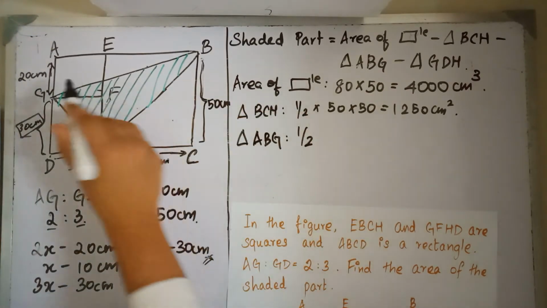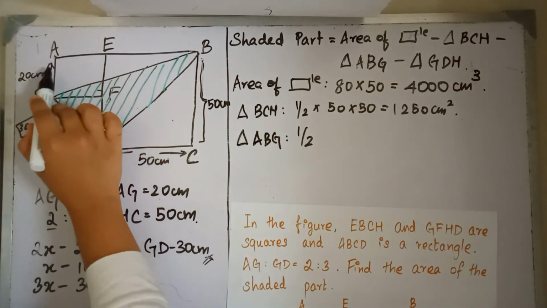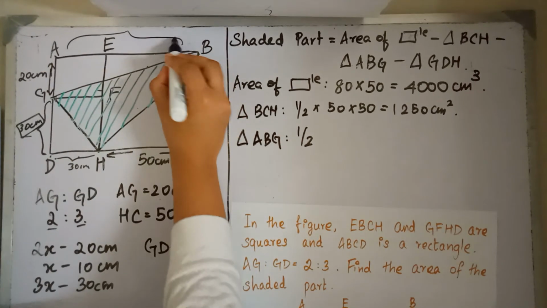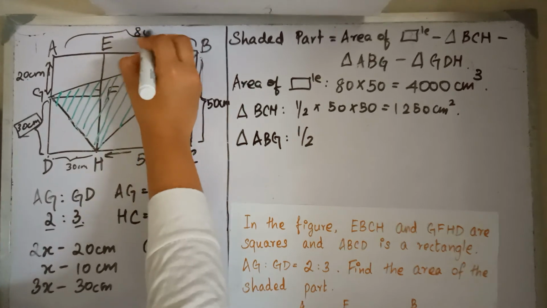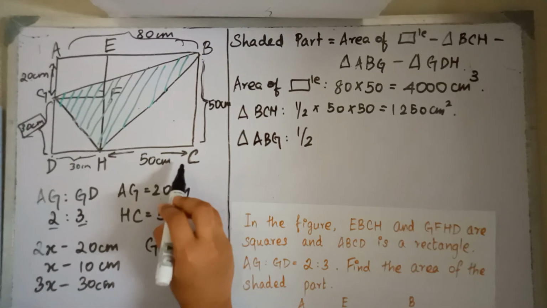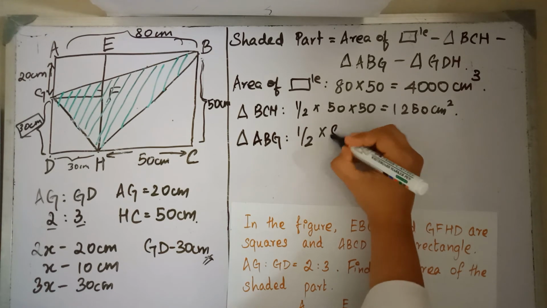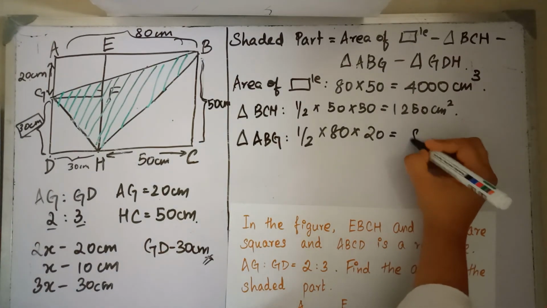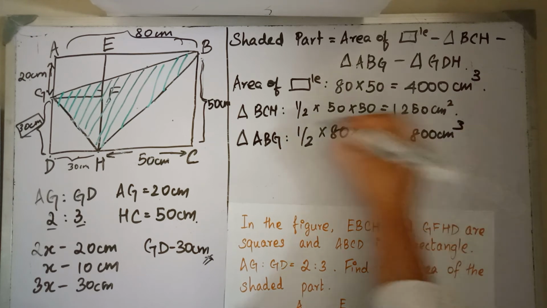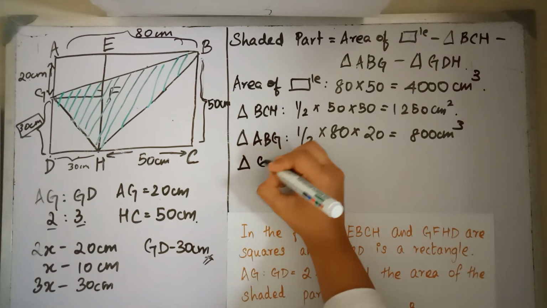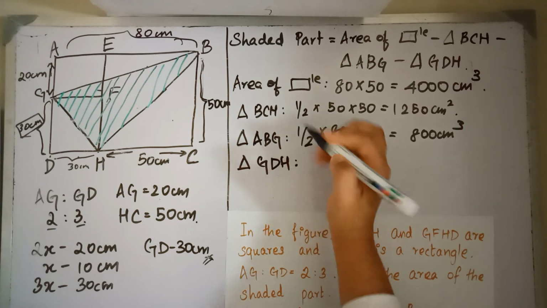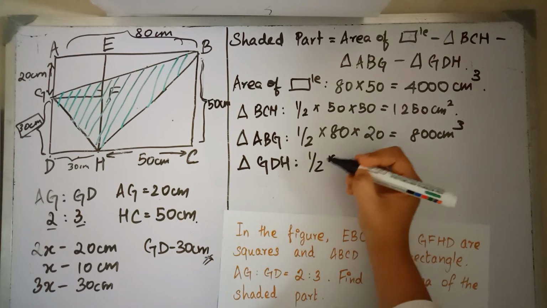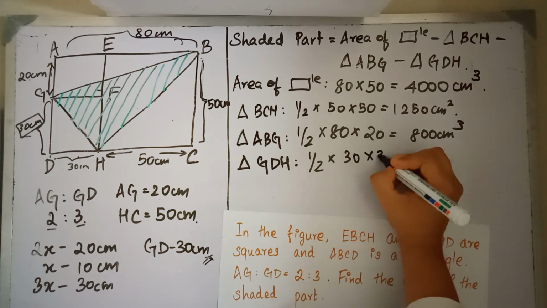This will give half into 20. This is the base, and this is the height. What is the height equal to? It's equal to 80 because this part is equal to 80. So half into 80 into 20. Next we have triangle GDH, and this will be half into 30 into 30.